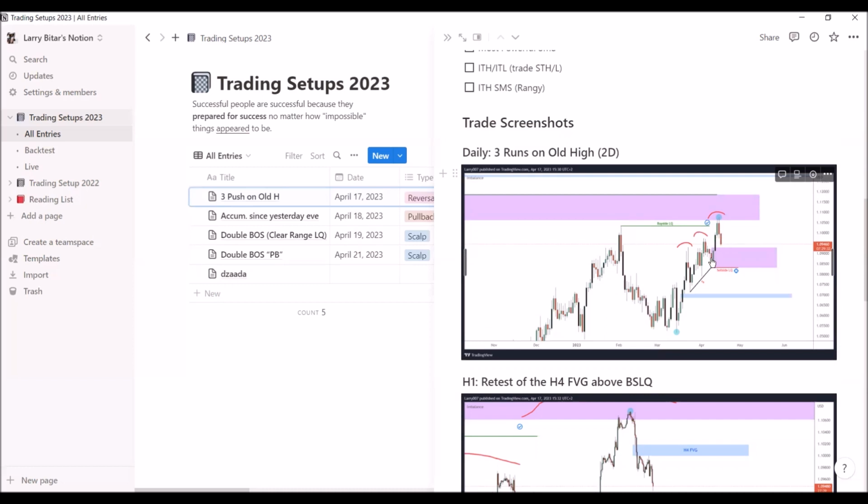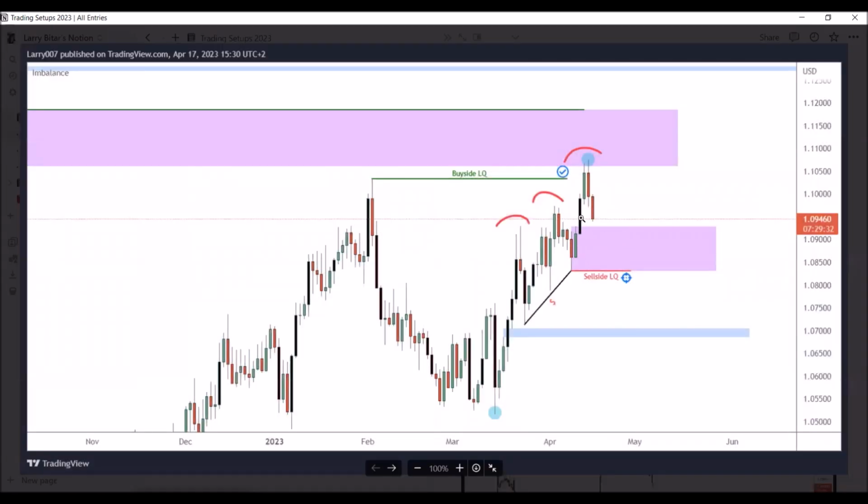This is a very clean daily order block to buy from. People will buy from there, and we have the three runs, which is for me kind of a reversal pattern, at least for a pullback, aiming at this sell side liquidity. But if I can, aiming for this trend line liquidity, and maybe rebalance this fair value gap and maybe continue.